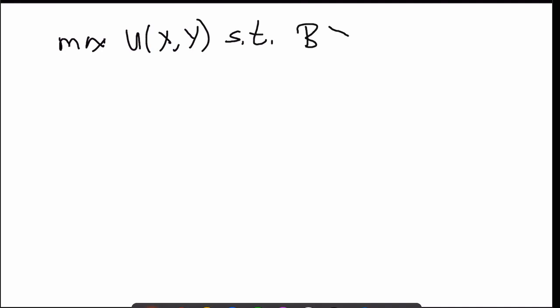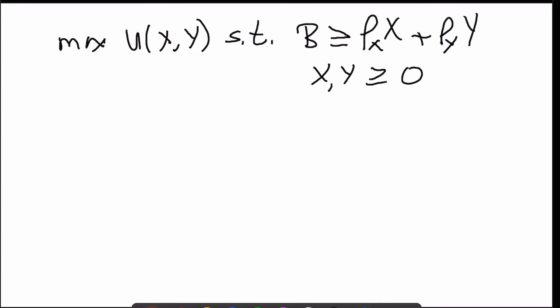Righty then. So, we're going to create problems that look like: I want to max my utility, which is a function of x and y, and we're going to say that's subject to my budget is greater than or equal to pxx plus pyy, and x and y are both greater than or equal to 0.